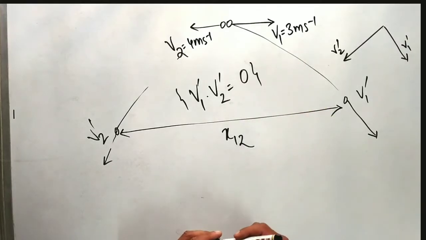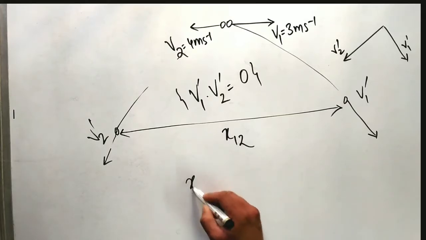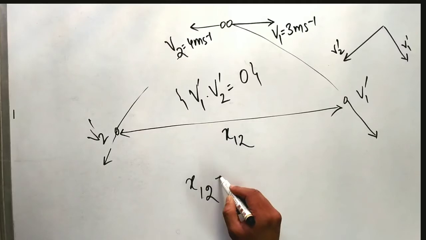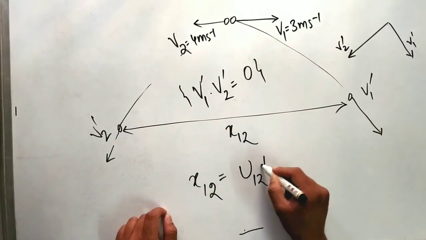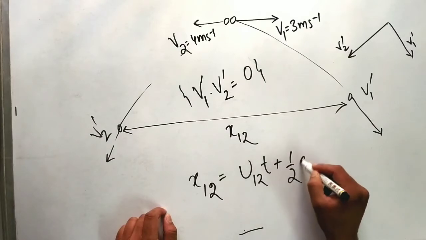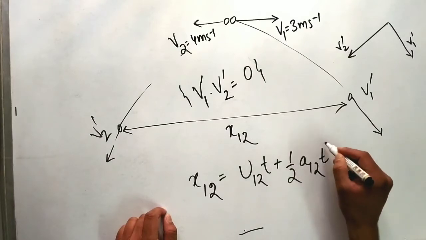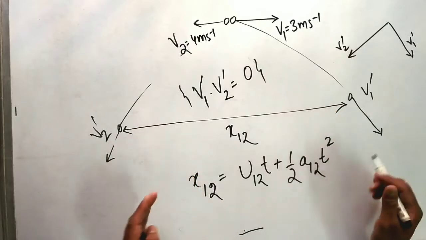And another thing that we need to keep in mind is that the distance between these two particles can be calculated using x12 is equal to u12 t plus half a12 times t square. Where has this come from?